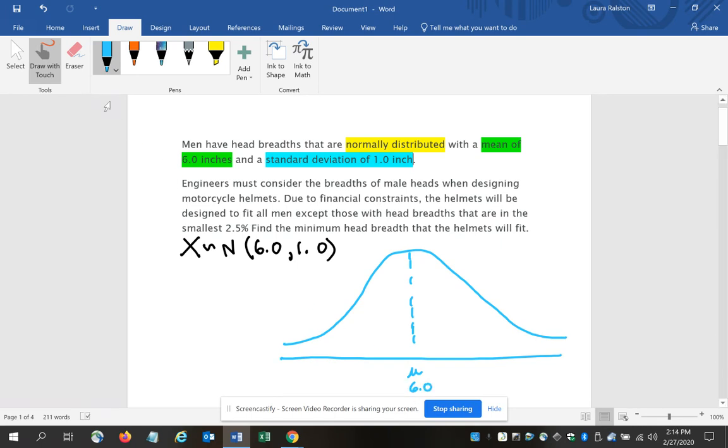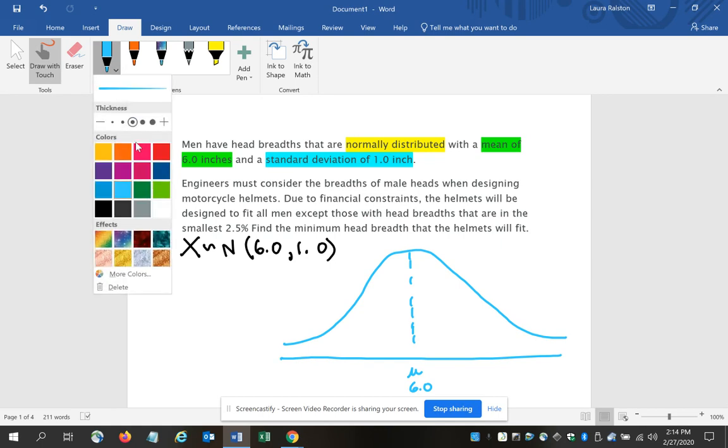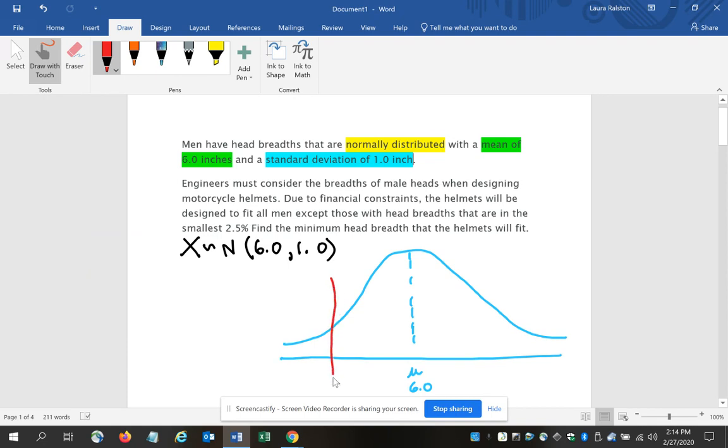Okay, and this time we're going to exclude men with small heads, okay? Being smaller, hopefully common sense would tell you that you're going to be less than the mean or the average. So we're going to exclude or cut off, again, the smallest 2.5%.